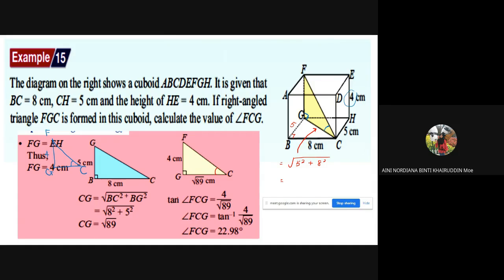We use tangent because we know the opposite side and the adjacent side. This one we get from here. Okay, if you don't want to write square root 89, you also can write the value. You can use your calculator. You'll get the same answer. Okay.